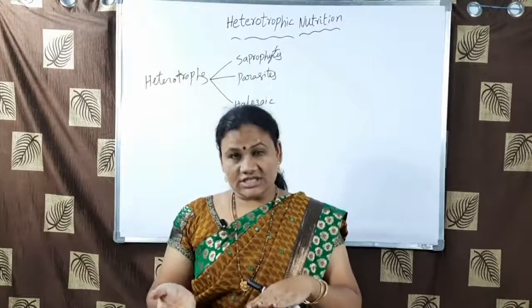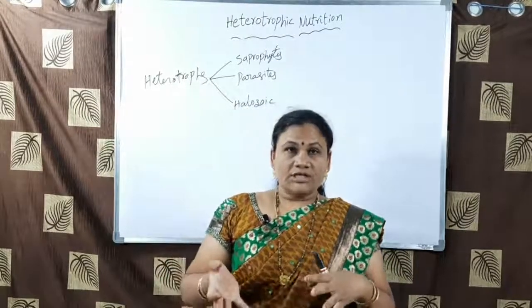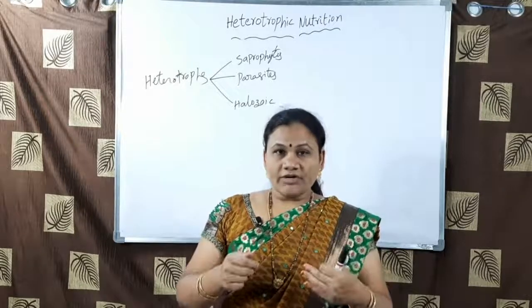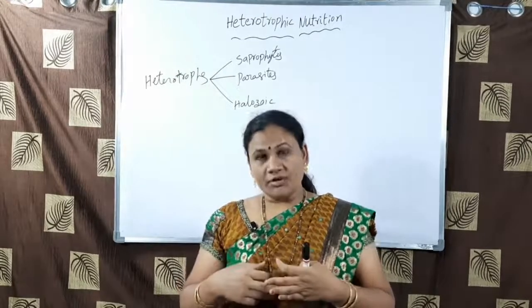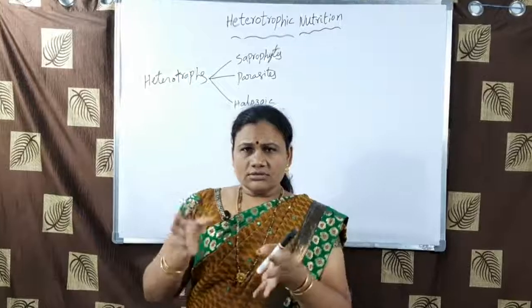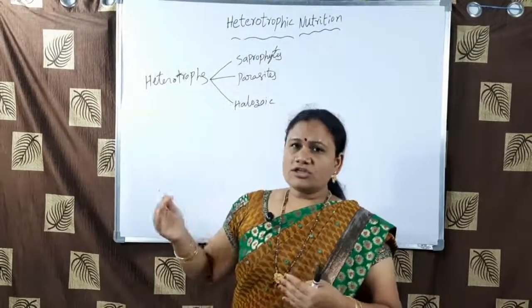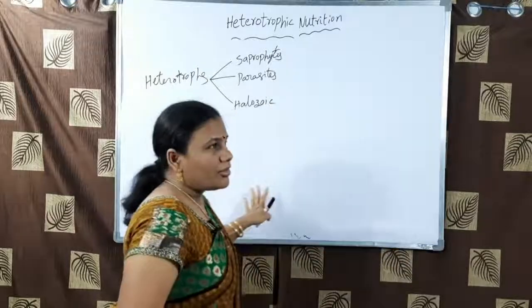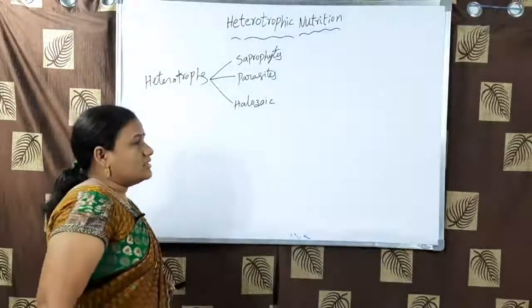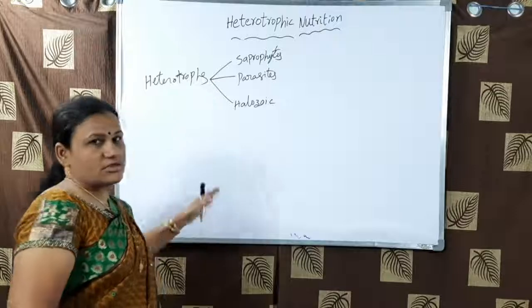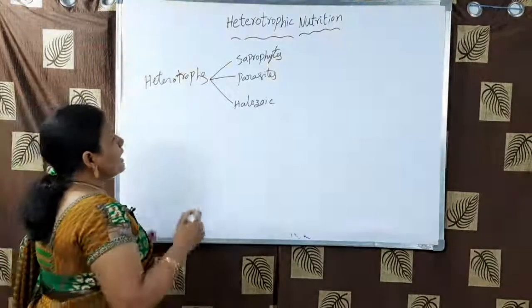If the body structure is complex, the mode of acquiring, the type of food and the type of digestion will be in some other ways. Based on that, heterotrophic nutrition is mainly three types, and the types of organisms are also three, the first being saprophytes.